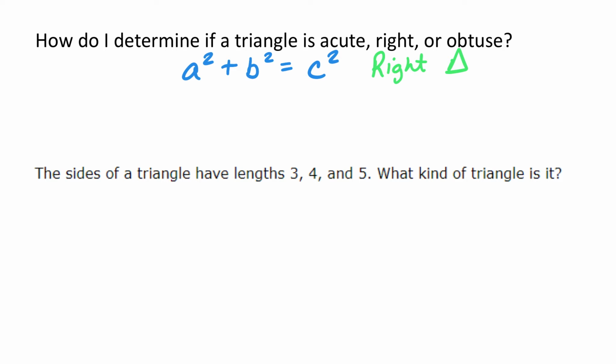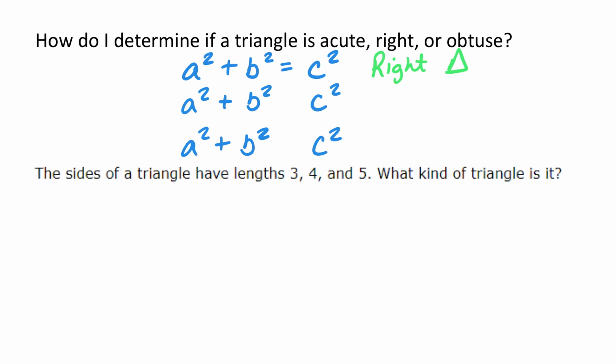Now, moving further down, here's the way I like to look at these. It's a competition between the a squared and the b squared versus the c squared. It's the little guys versus the big guys.